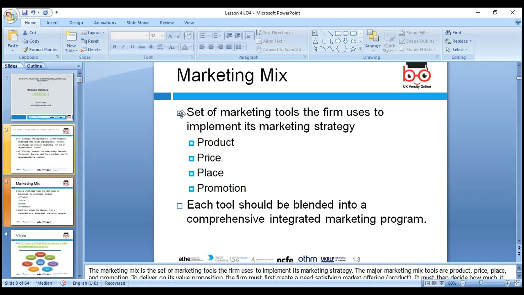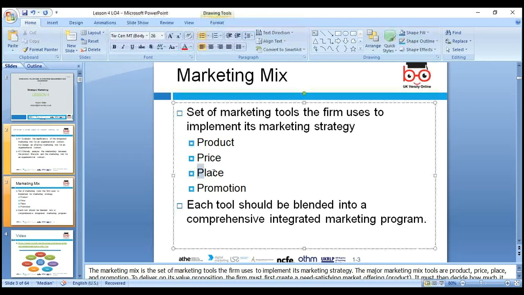For the set of marketing strategies, we need to look at the product. Product means anything which satisfies human needs and wants. Price is what people are willing to pay; people use price to exchange for the product, giving money and getting the product. Place is the channel of distribution, where we actually sell the product, where customers can easily find, reach and get it.